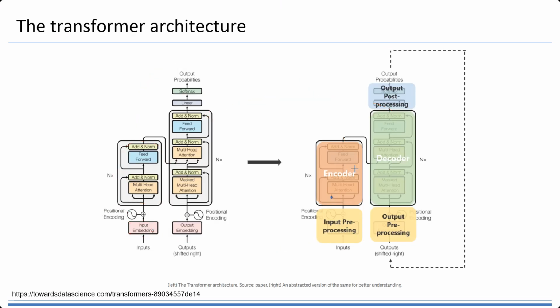For the encoder, we will do the multi-head attention, and then the add and normalization. We will do the feed forward, and then the add and normalization. So this is the encoding. This is only for the encoding.